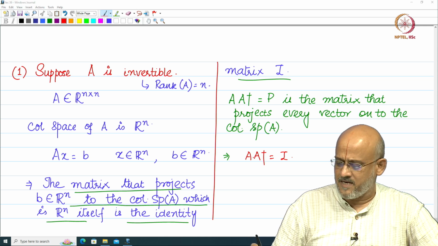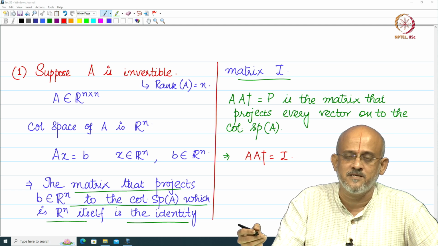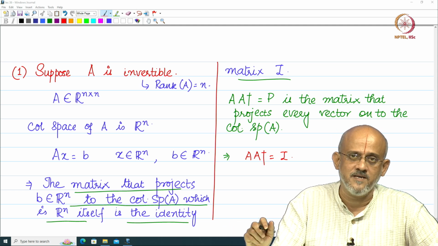We know that if you have a product of two matrices equal to I, then one is going to be the inverse of the other.